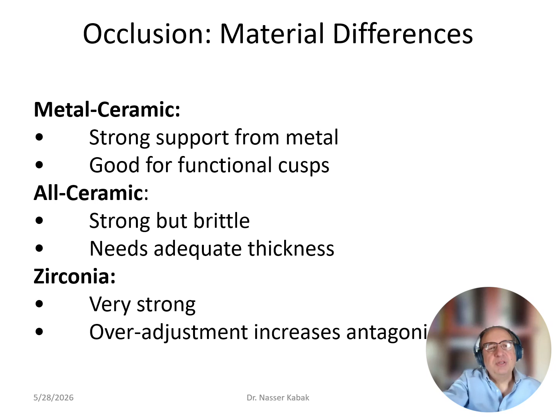Occlusion on different materials can be corrected differently. All-ceramic restorations are brittle, so we should be careful to use fine diamond burs. Zirconia is very strong, and yes, it's allowed to grind a little bit from the occlusal surface of the tooth. And of course, this won't damage the zirconia.